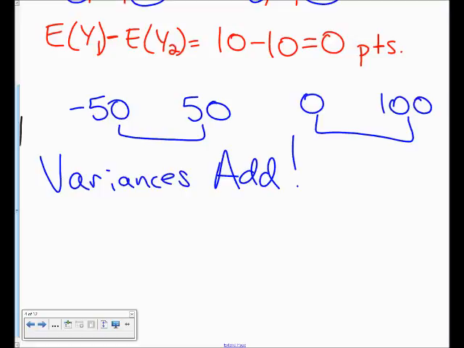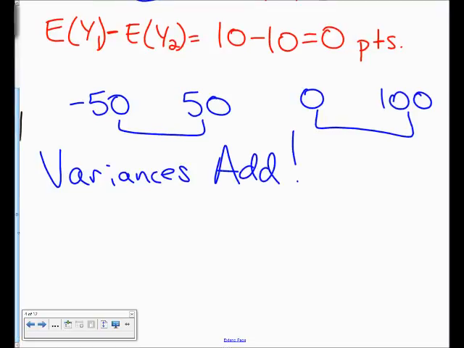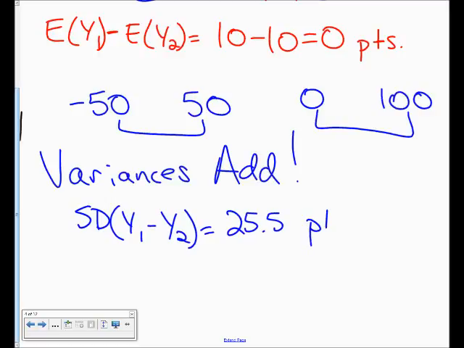Variances add. No matter if you're subtracting or adding your independent random variables, you always add the variances. So it's exactly the same as the one we just did. Our standard deviation for a subtraction of these two events is still going to be 25.5 points.